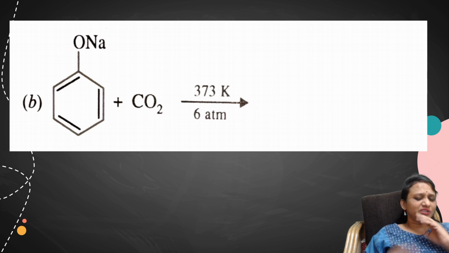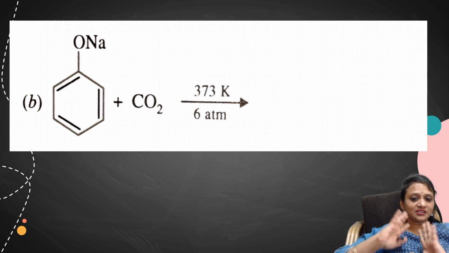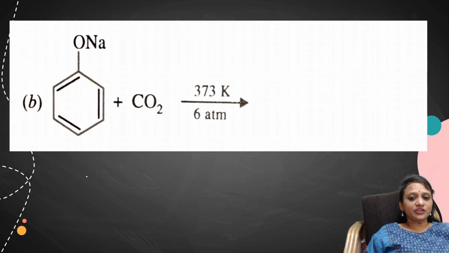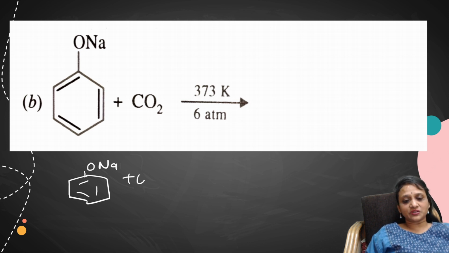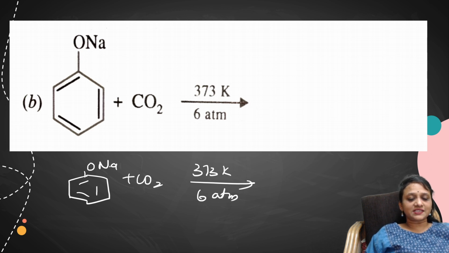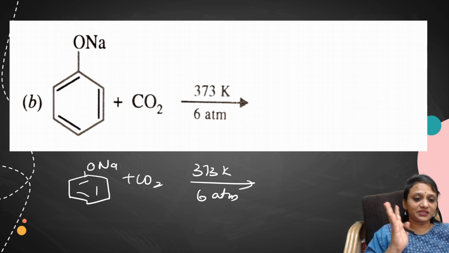Yeah, students? Something like Kolbe's reaction. Something like that? Yes. When you're treating sodium phenoxide, you need to only write the product, no other steps, with carbon dioxide at 373 Kelvin, 6 atmospheres. You remember, students? Yes, this particular thing, I'm not writing the complete reaction.